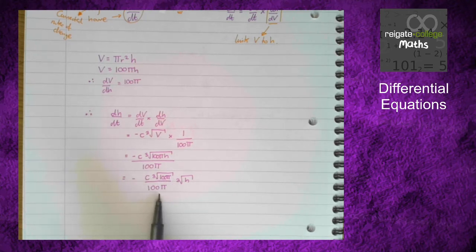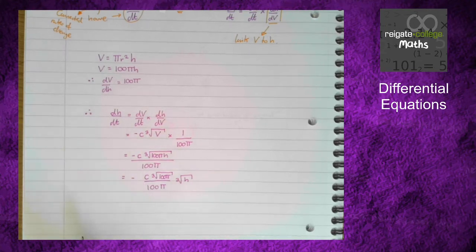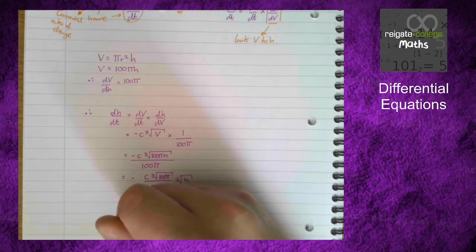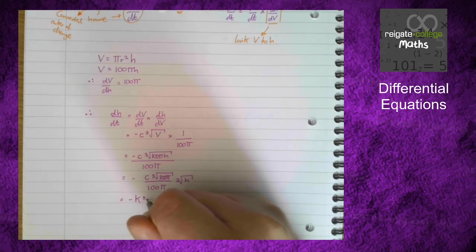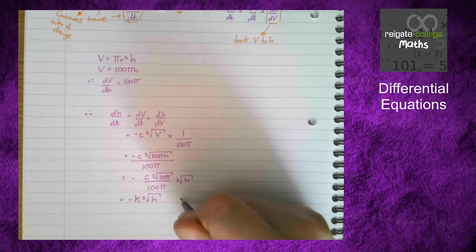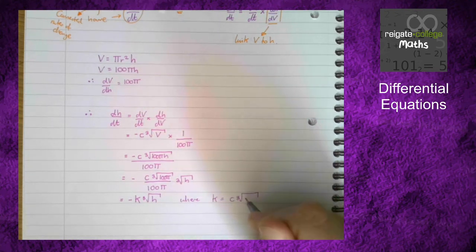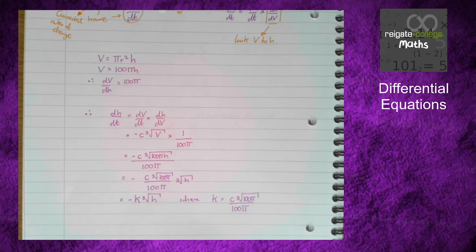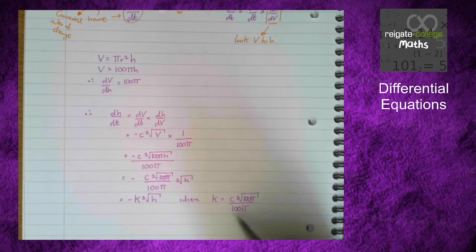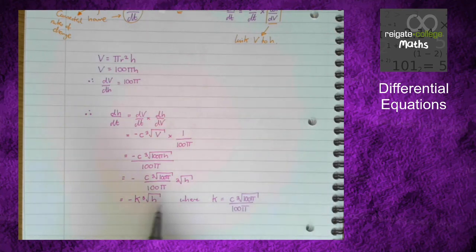This is a thing that we're just going to ignore for now. We're never going to calculate c, because we're just going to write this as minus k root h, where k equals c times the cube root of 100 pi over 100 pi. Now we could write that a little bit tidier, but we don't need to, because we're never going to go over this. We're never going to use this statement again, because for the next part of the question, this is where we're going to start.